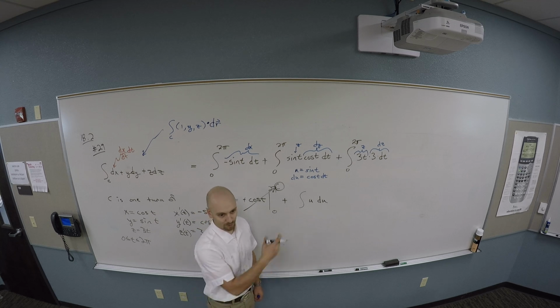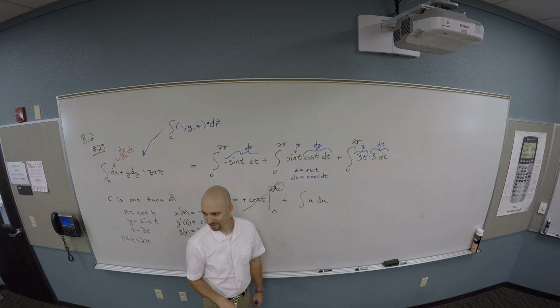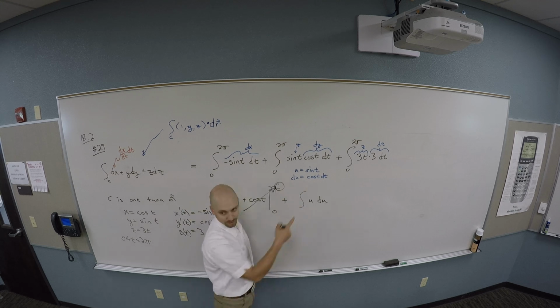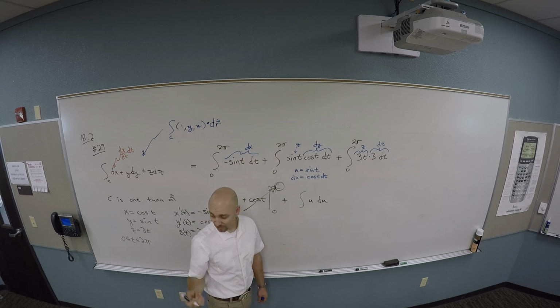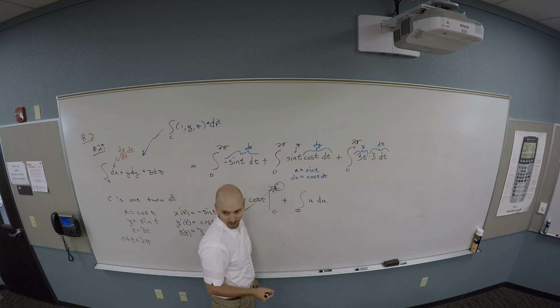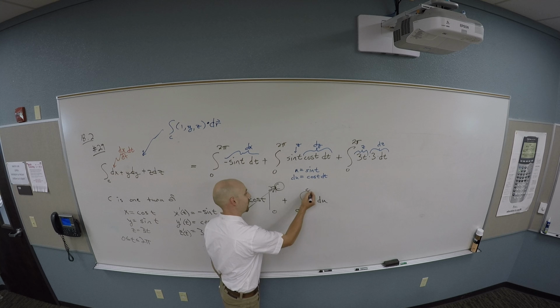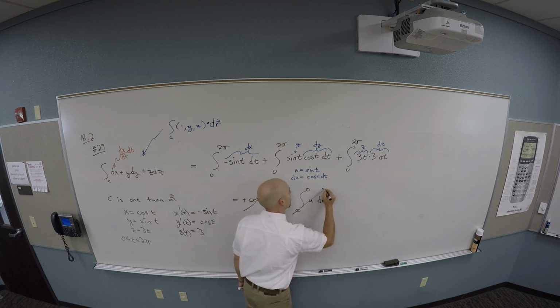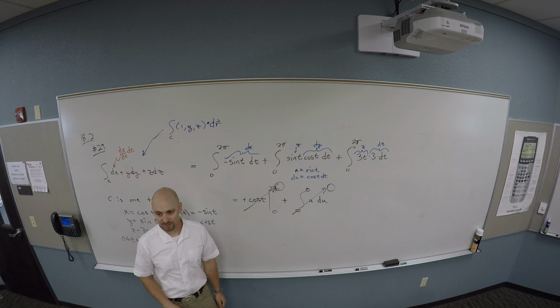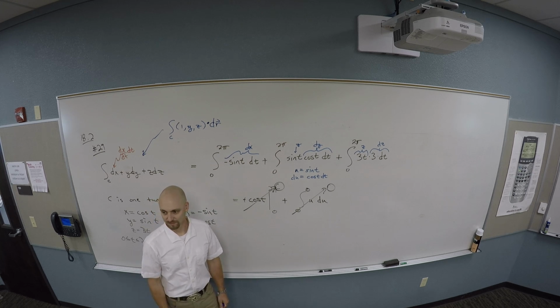What are your bounds? 0 to 2 pi. Sine of 0 is 0, and sine of 2 pi is 0, so it doesn't matter. The area under a point is nothing. You see that interpretation?